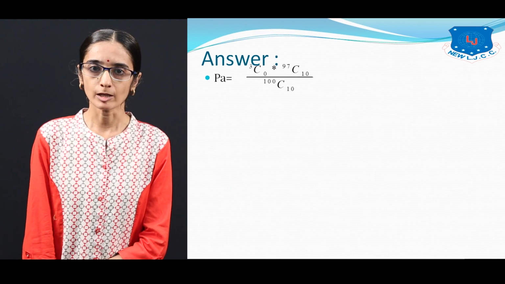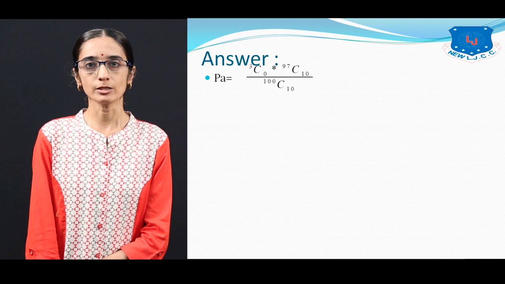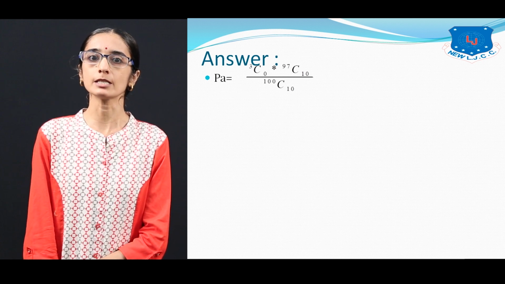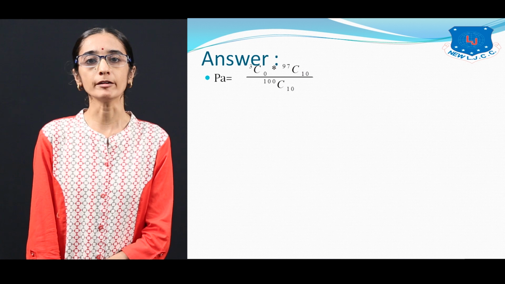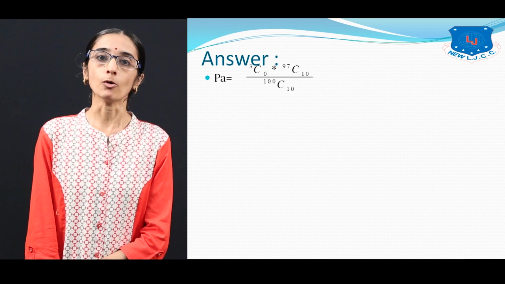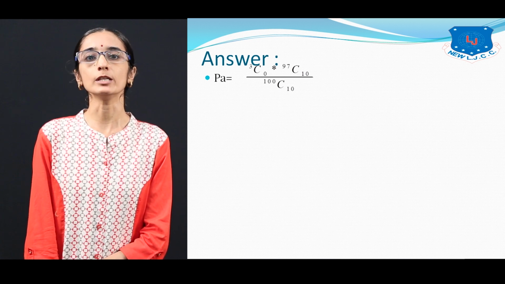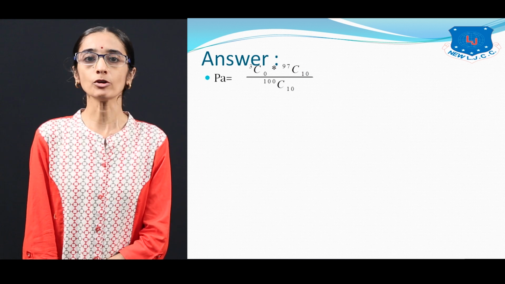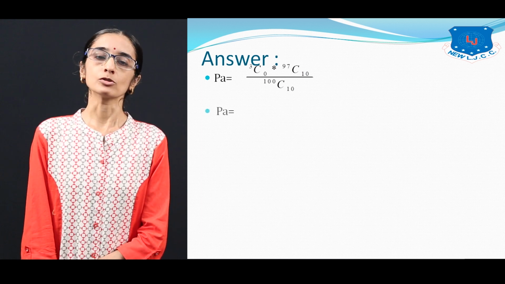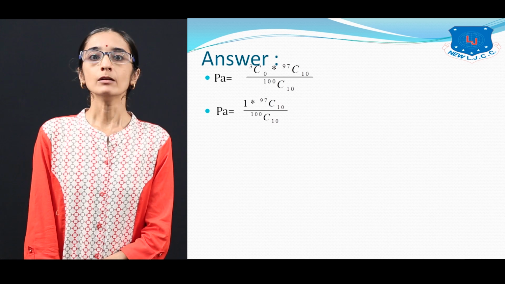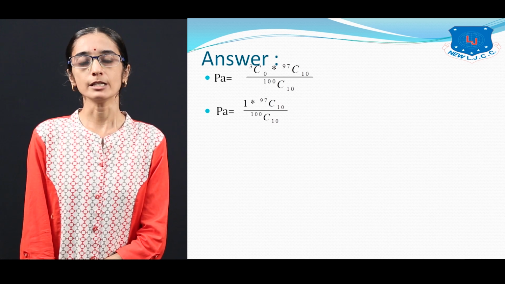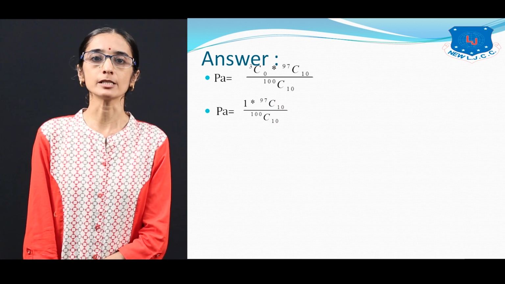So PA equals 3C0 into 97C10 upon 100C10. Now anything C0 is always 1, so 3C0 is equal to 1. So the PA value will be 1 into 97C10 upon 100C10.